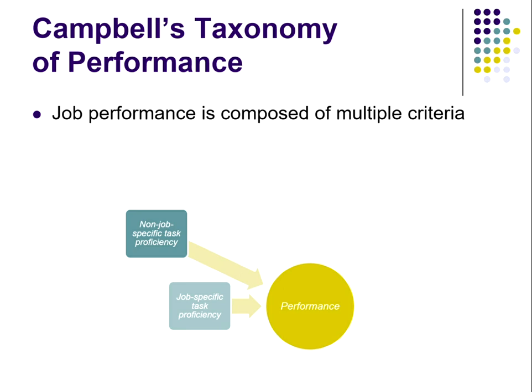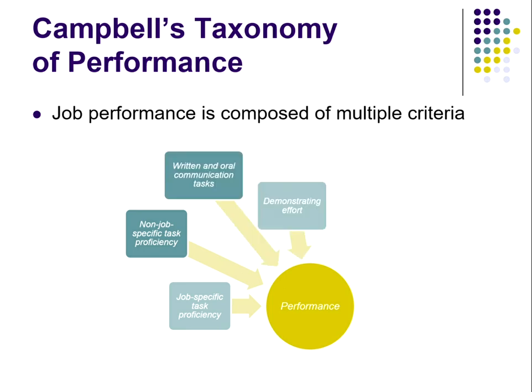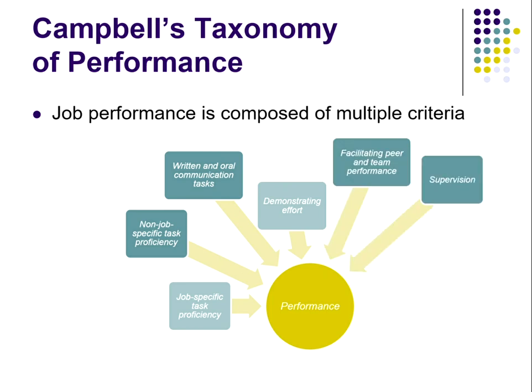There are certain tasks that we need you to perform that are specific to your job, and then there are other kinds of tasks that are probably common across a lot of jobs, so it's not just specific to this particular task. Written and oral communication tasks, demonstrating effort, facilitating peer and team performance, supervision of others, maintaining personal discipline, and then management and administration.